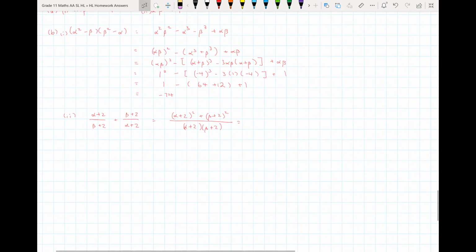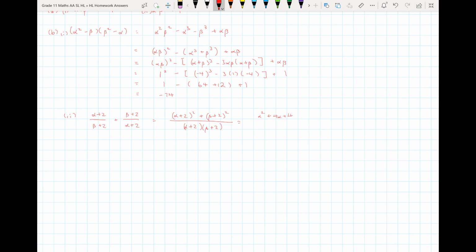Okay, just a bit annoying here. This will be alpha squared plus 4 alpha plus 4. Now I'm going to group these two fractions together. And on the bottom, I have alpha plus beta plus 4, which is not so bad.